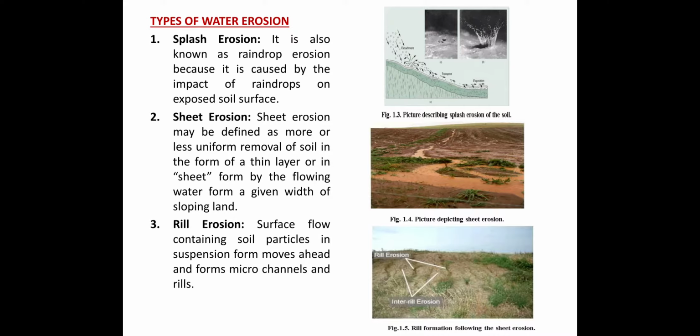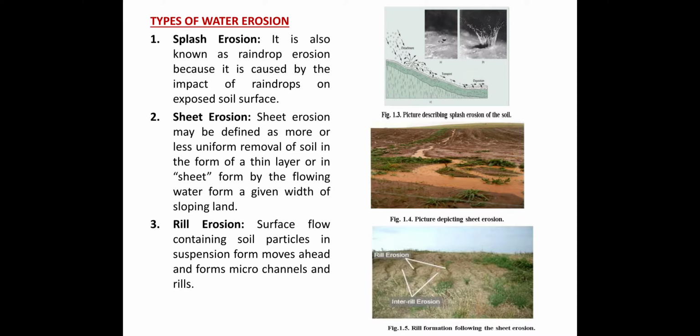It is called the splash erosion because, due to the impact of the raindrop over the exposed soil surface, there is splashing of soil particles with some amount of water into the air up to a certain height, about 50 to 75 centimeters.